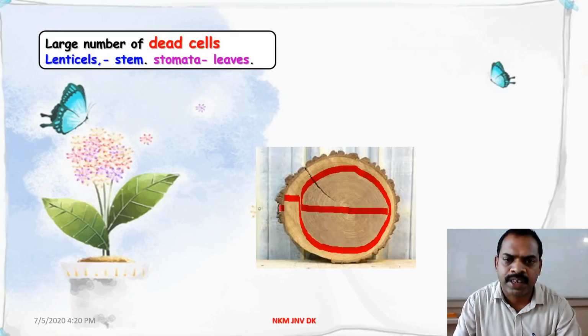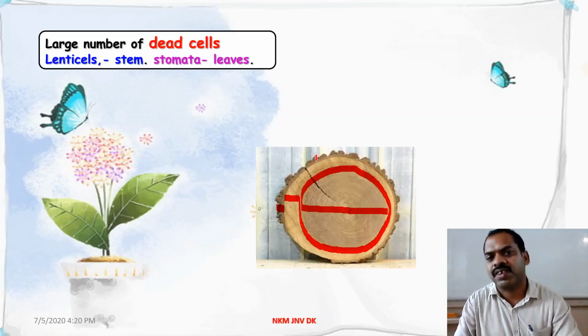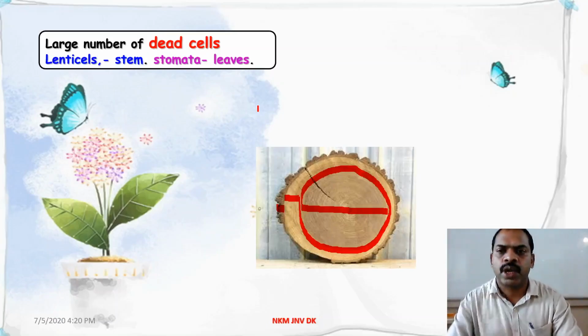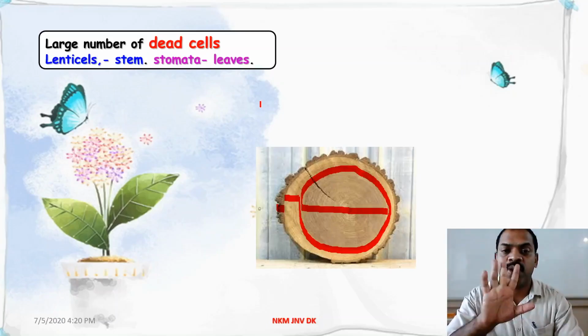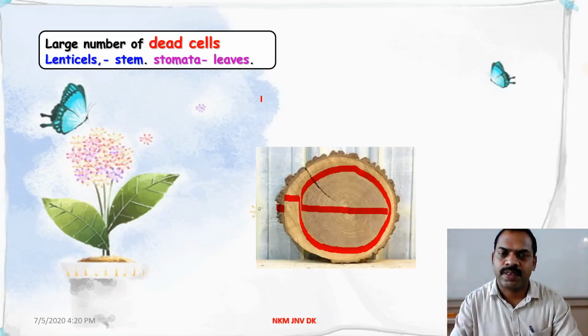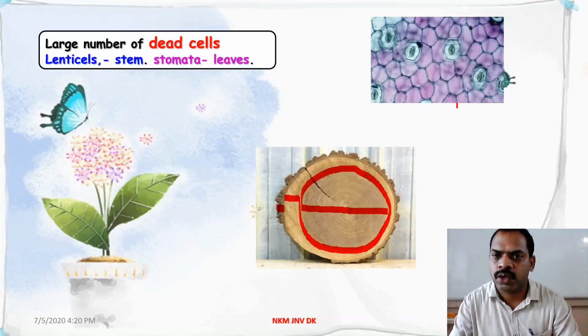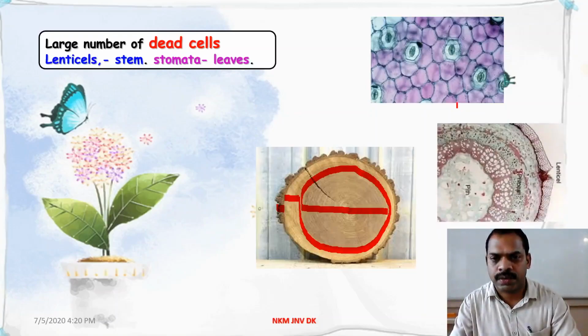Again the outer part is dead. Only a very small part is surviving. This part is dead, this part is dead. You see, with a large number of dead cells, the energy requirement and the necessity of oxygen are less. So they have thousands of stomata in the leaves, so they can take in the air.